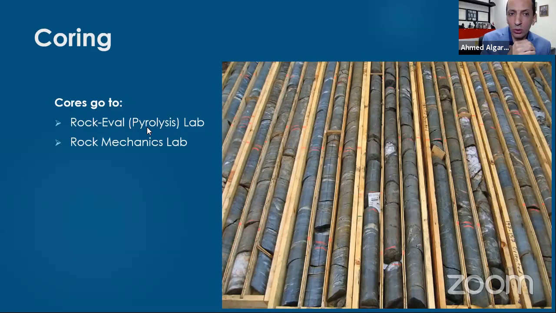I need to know the Young's modulus, Poisson's ratio, these kinds of mechanical properties, because they are very important for a good design of a hydraulic frac job. So the rock eval helps me evaluate if this sweet spot or this location is good or bad, and the rock mechanics will tell me how to optimize my hydraulic fracturing job.